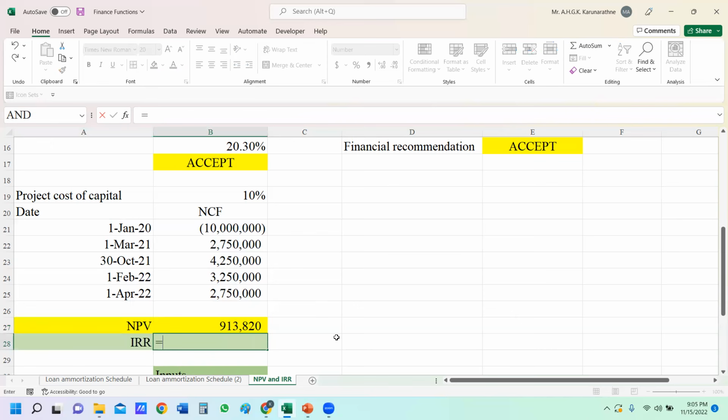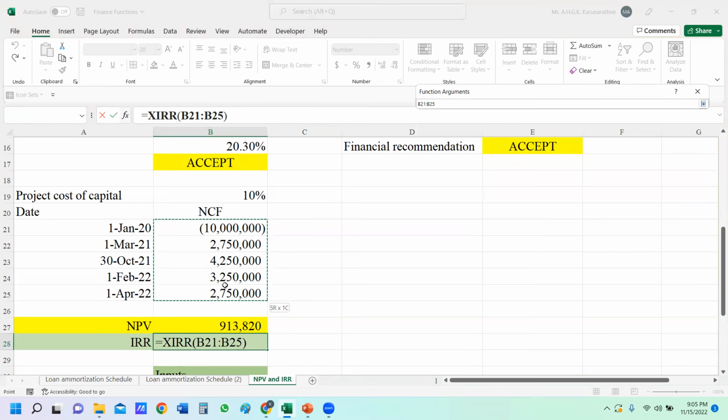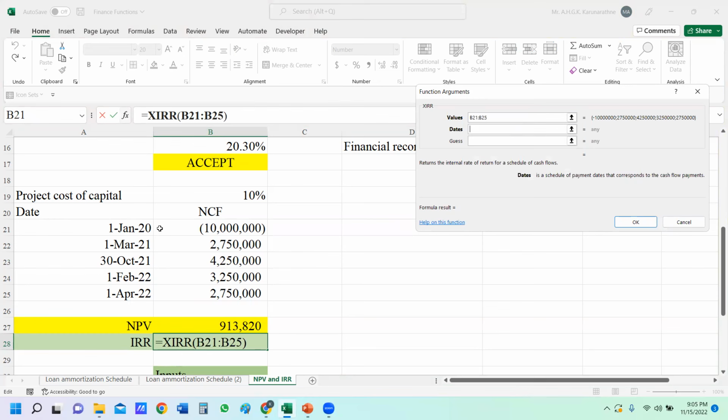Since the project has irregular cash flow, say XIRR. Values, these are the values. And dates, these are the dates. That's it. Say okay.